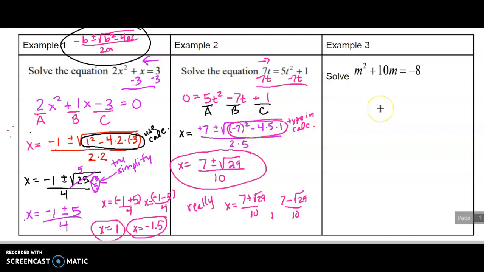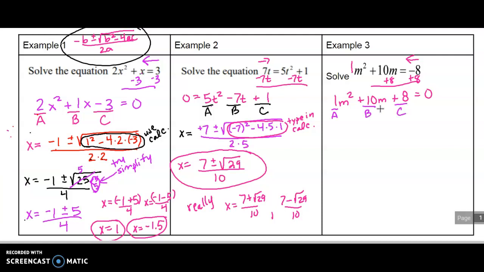All right, let's look at example 3. I have 1m squared plus 10m, and I'll move the 8 to the left, so we'll add 8. So we get 1m squared plus 10m plus 8 equals 0. So that means a is 1, b is 10, and c is 8.